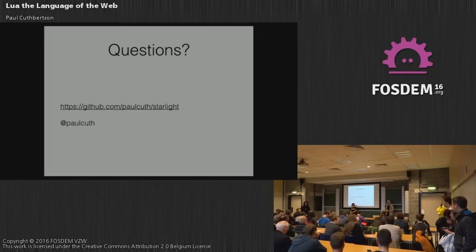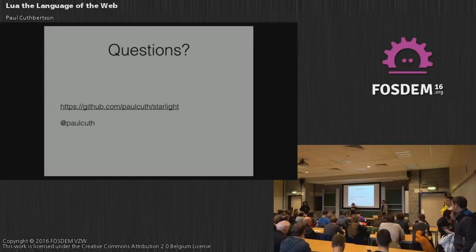Also, is Sailor using Starlight? Yes, Sailor is using Starlight and other virtual machines. Initially Starlight didn't exist. So we started off with Lua 5.1 GS, and then as I started searching around, I found Moonshine, and I integrated it with Moonshine.